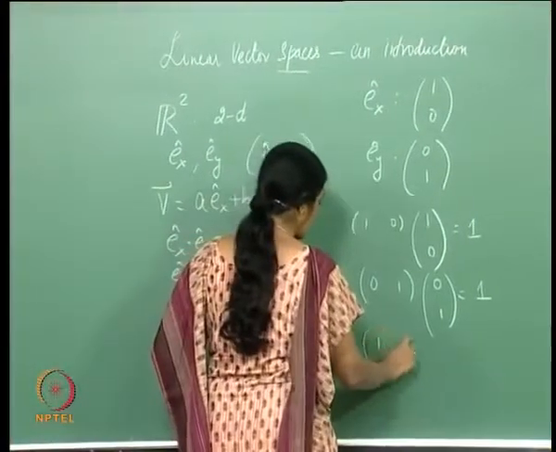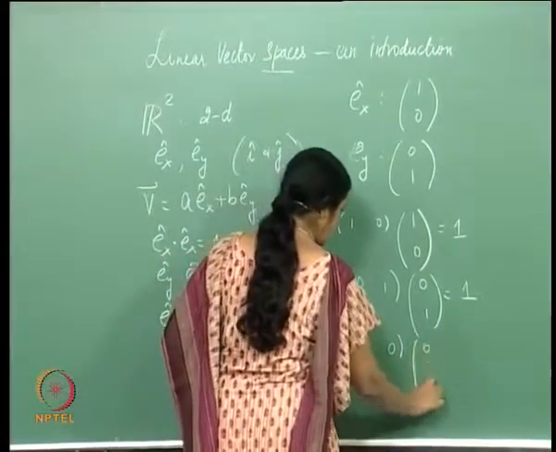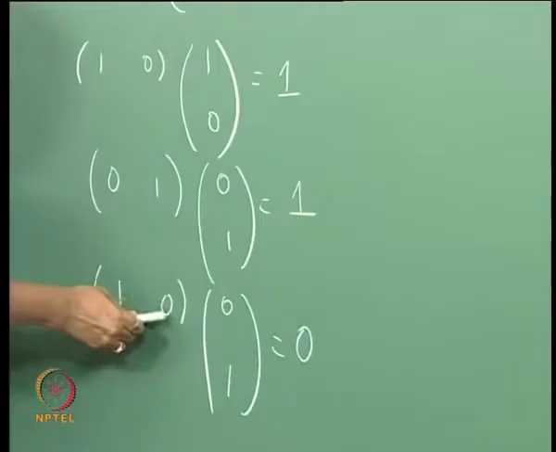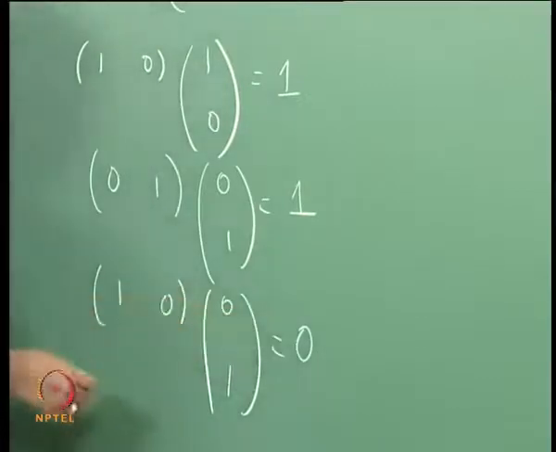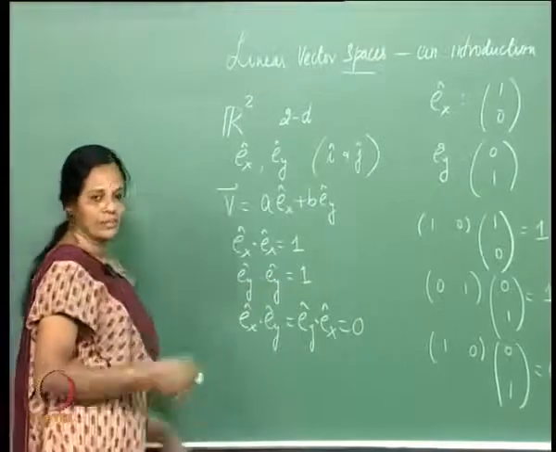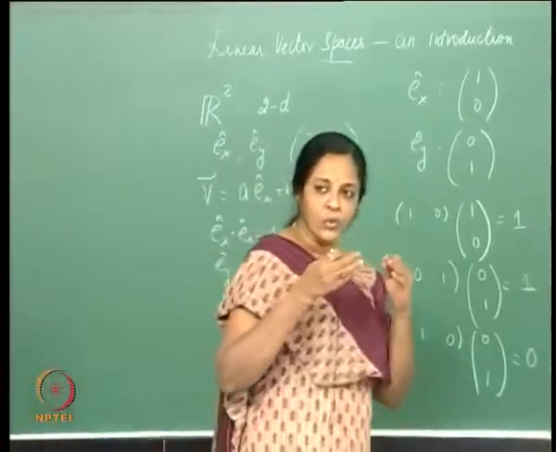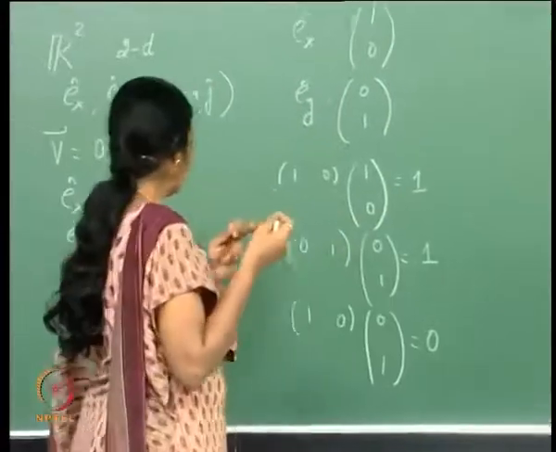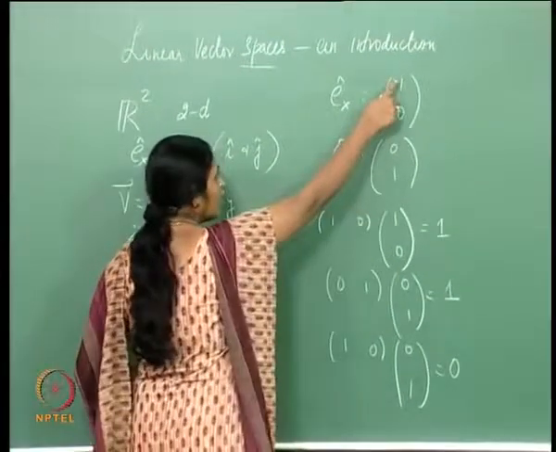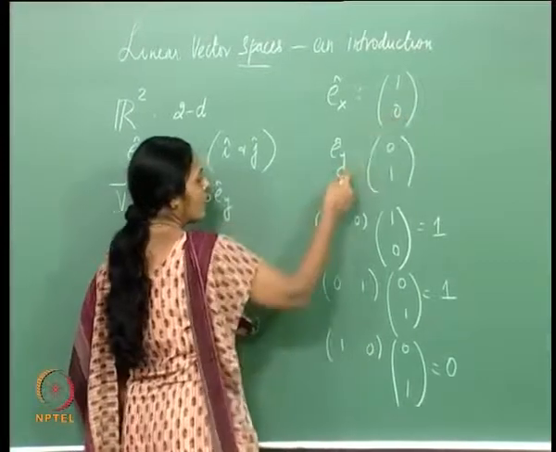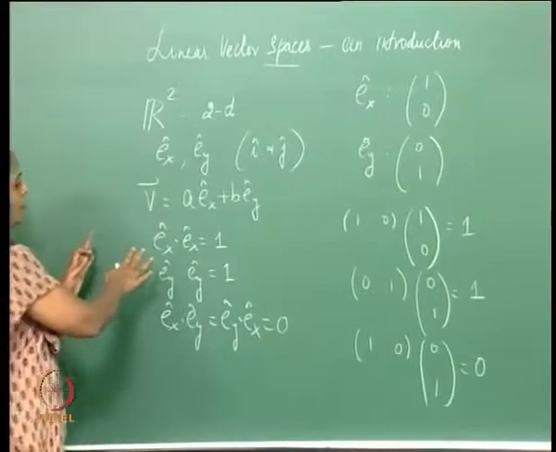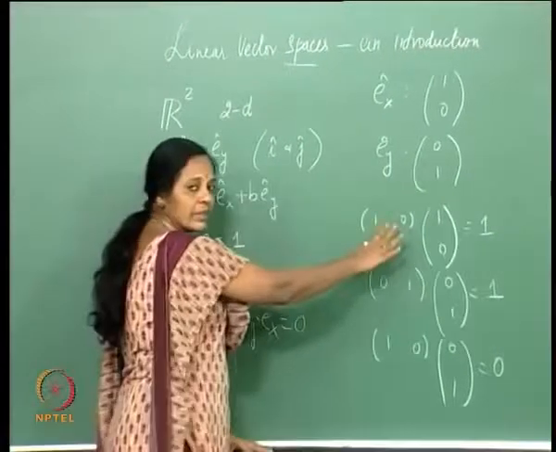And of course, if I did this, if I multiplied the row 1 0 with the column 0 1, I get a 0, and that's like saying that Ex dot Ey is 0, and so on. So I can associate with the unit vector Ex in 2 dimensions the 2-component column 1 0, and with Ey the 2-component column 0 1, and I have reproduced these relations in this notation.